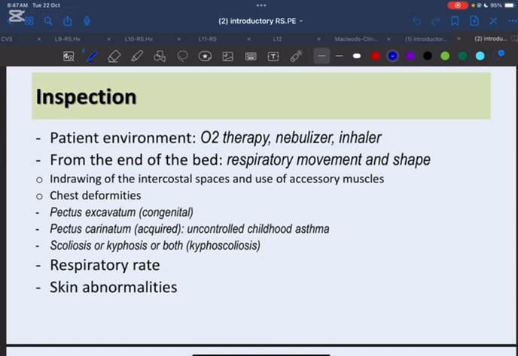Scoliosis, kyphosis. Who knows what scoliosis means? In English.